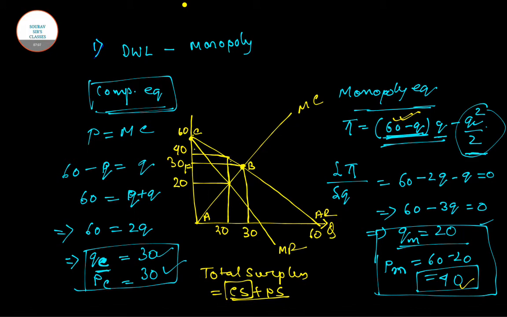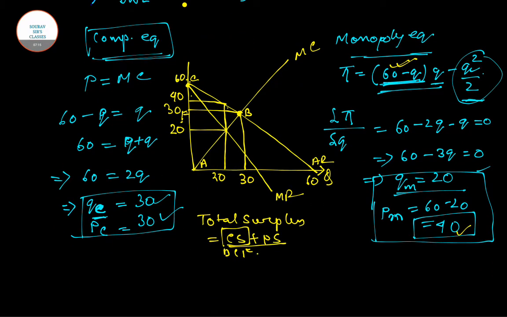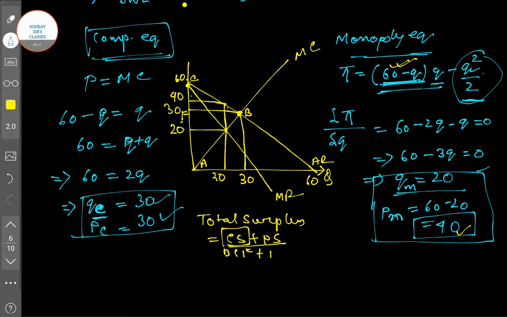So this area BCF, plus producer surplus will be the area above the supply curve, which is MC here, and below the price line. So this entire area BFA.